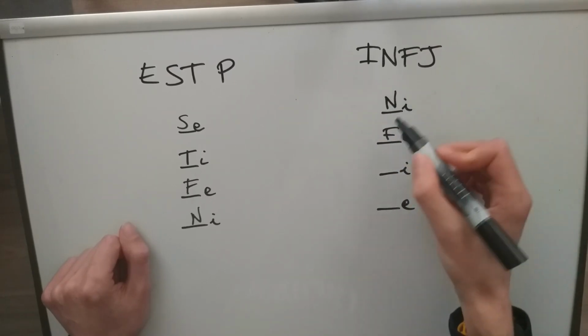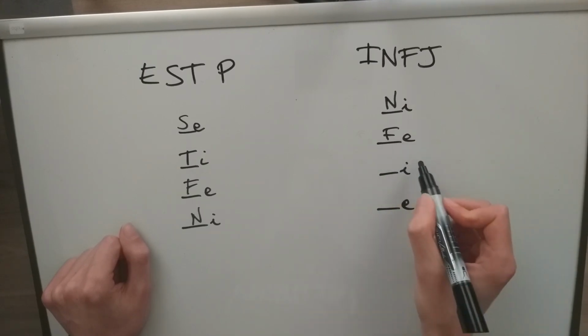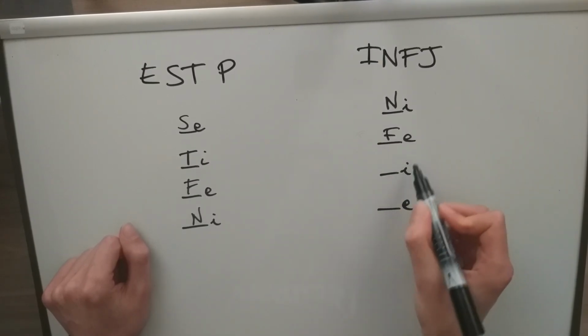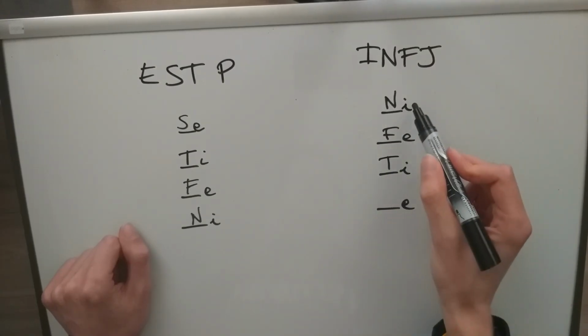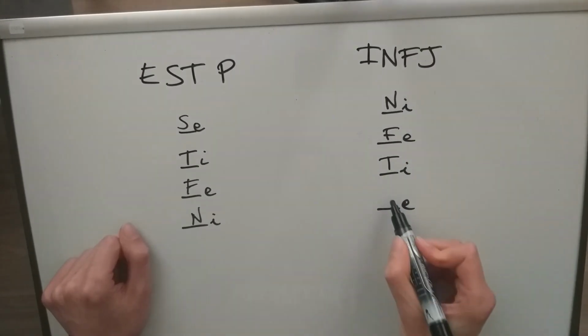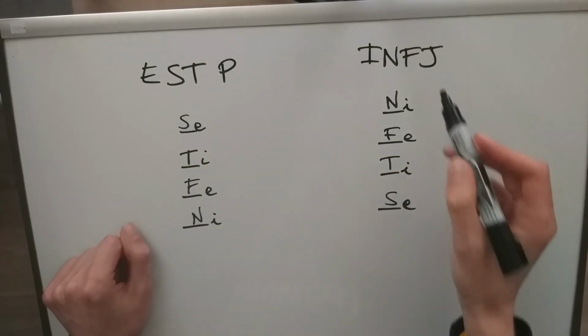So we know the first two functions, and now we just need to fill in again. The function that's always associated in a pair with Fe is Ti, and the function that's always associated in a pair with Ni is always Se. And so now we've figured out the function stack of this type.